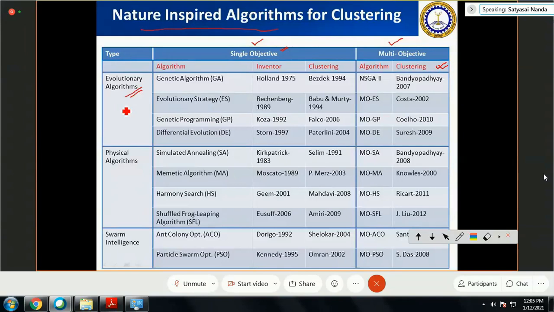Another approach is harmony search, like how to fine tune the melodies of various singers so that it will lead to a good composition of music. How the beats will be synchronized optimally so that it will lead to a melodious music. Based upon that, this harmony search algorithm has been inspired.